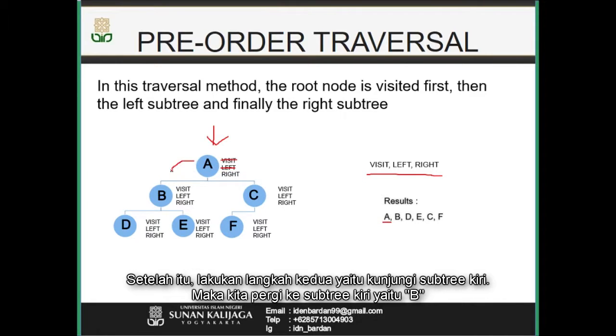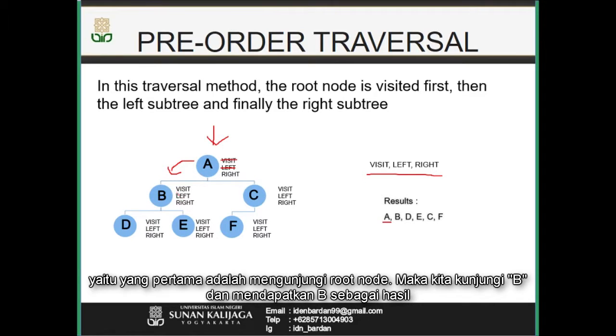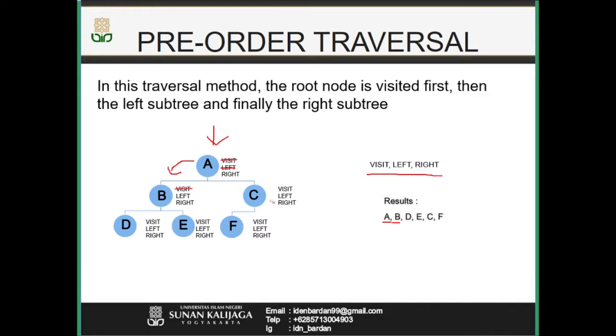Then we go to the left subtree, which is B, and do the steps for the B node, the first of which is visit the root node. Then we visit B and we get B as a result. And after that, let's go to the left subtree.